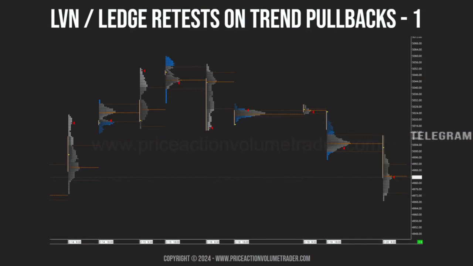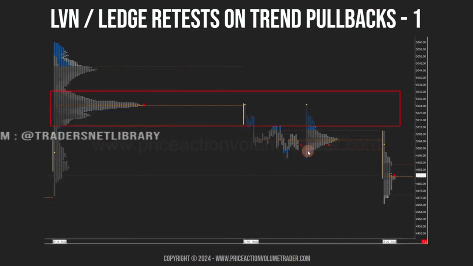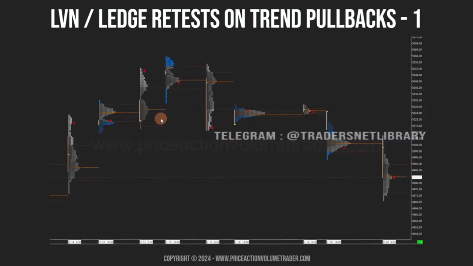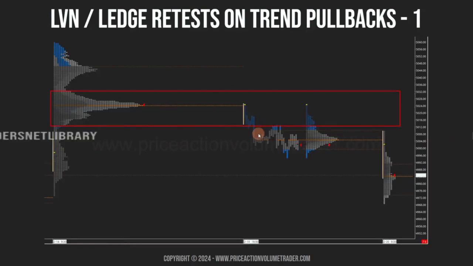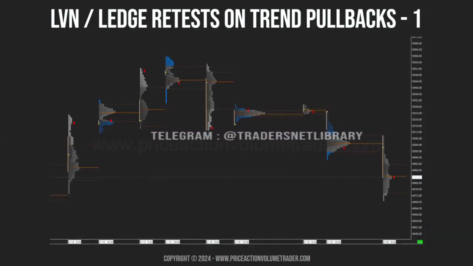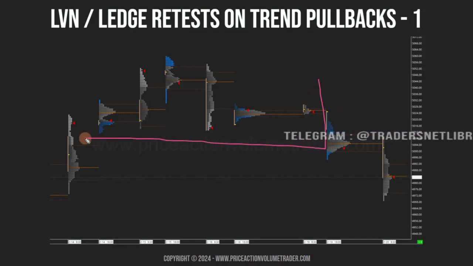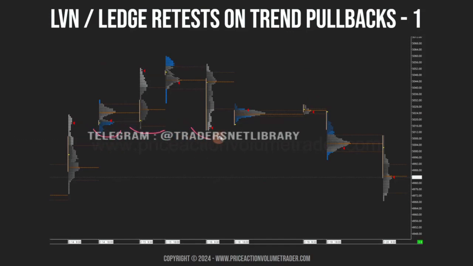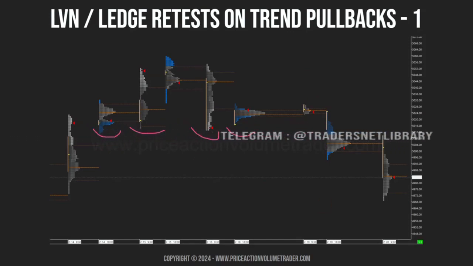And then you can see how, if we apply a composite, right here I applied a composite pretty much from here all the way into here. We made a composite of this to have a very clear picture of these lows that we have right here.